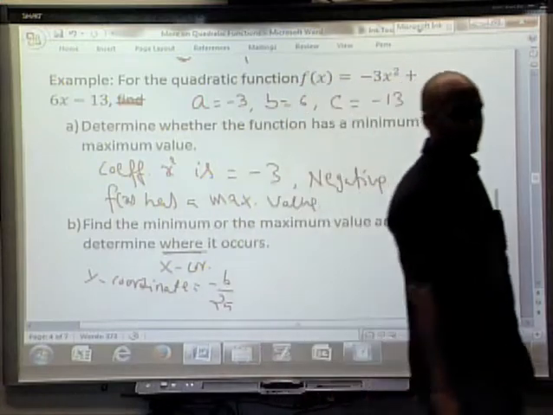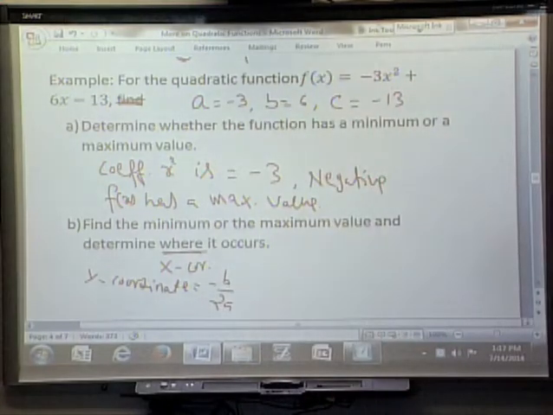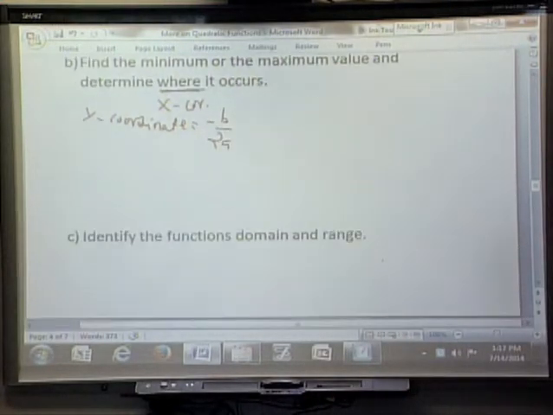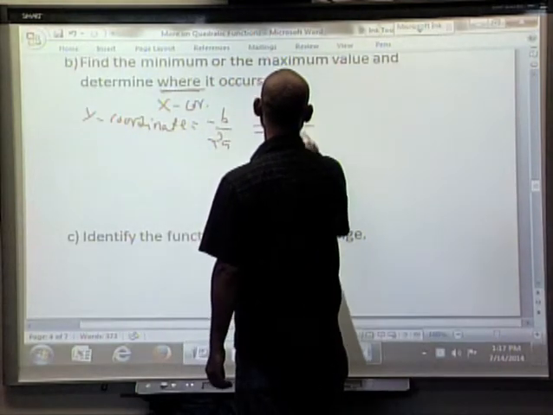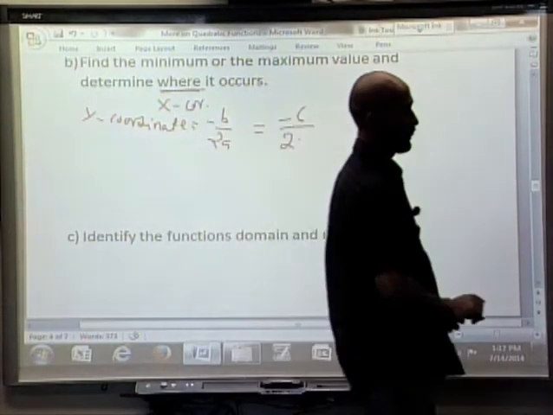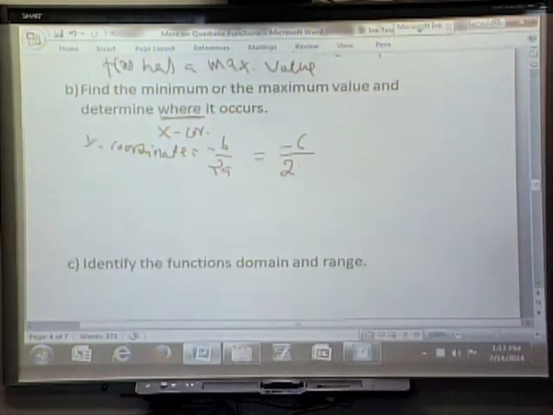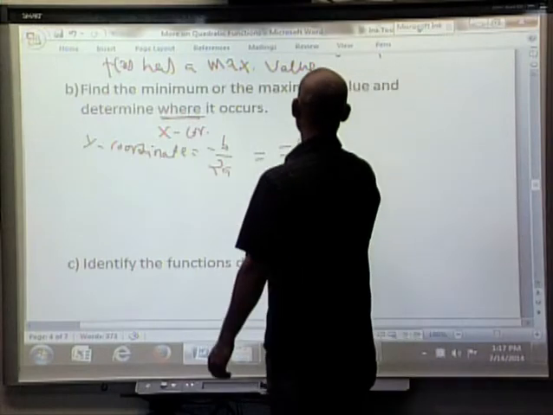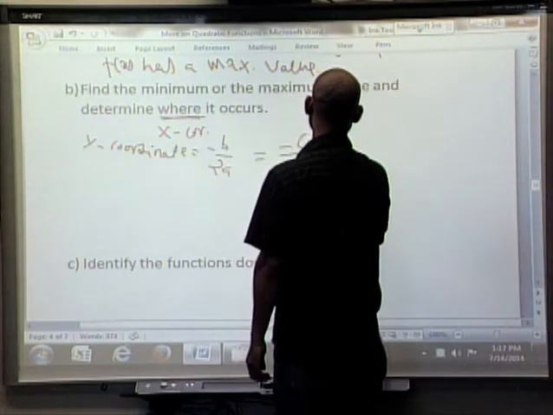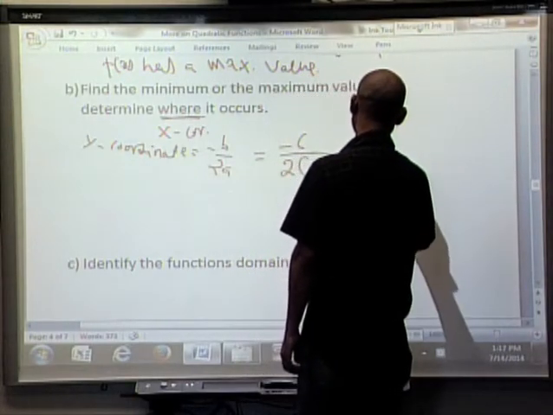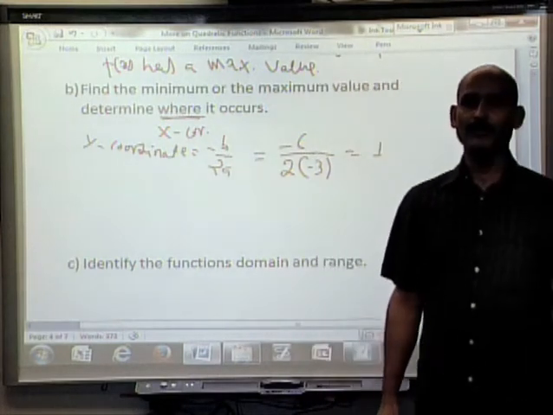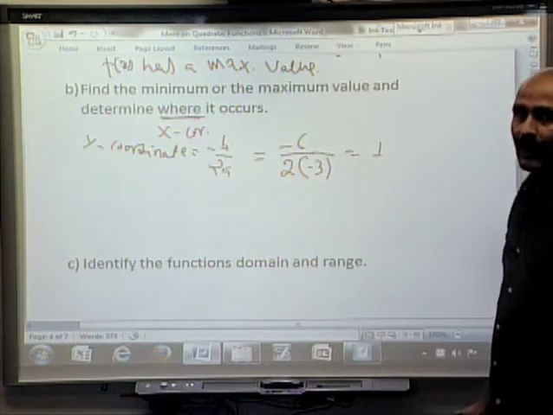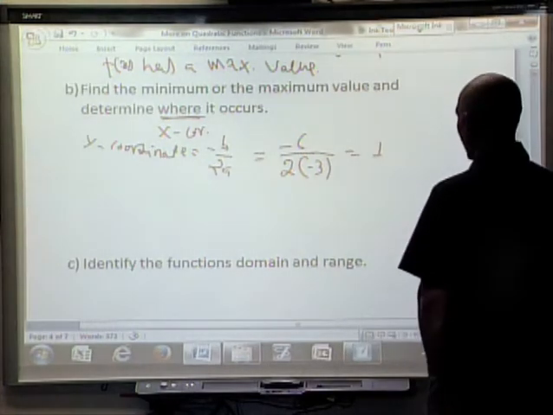For this question b is 6, so -6 by 2 times a, and 2 times a is 2 times -3, so the denominator is also -6. -6 divided by -6 is 1. So, the x coordinate of the vertex of this parabola is found to be equal to 1.